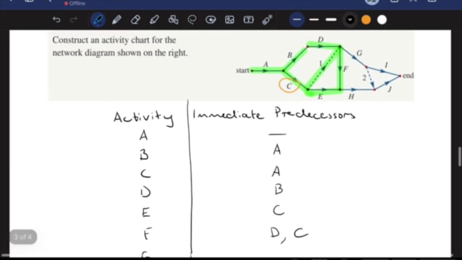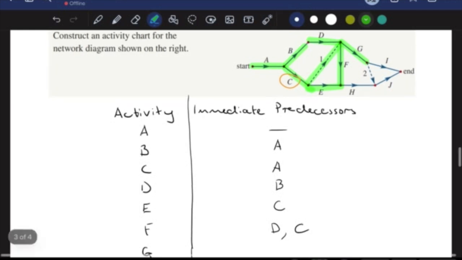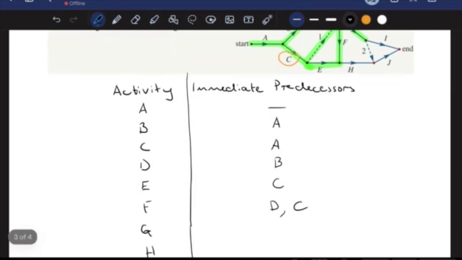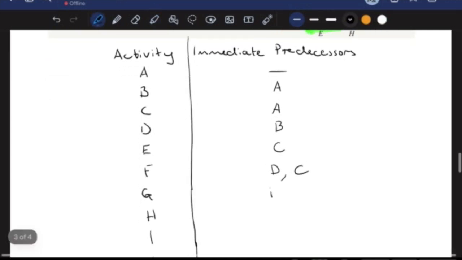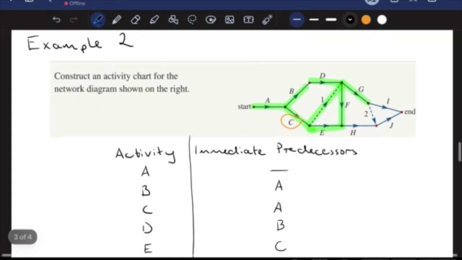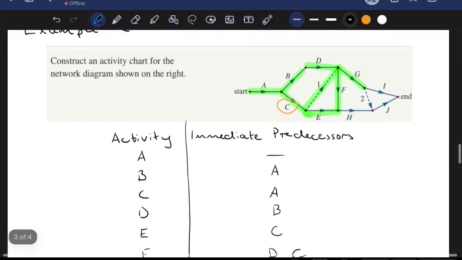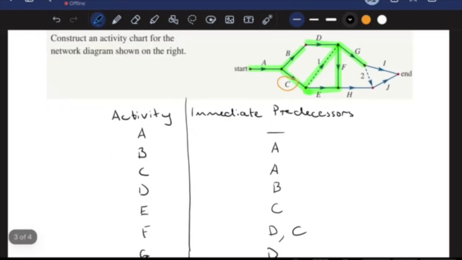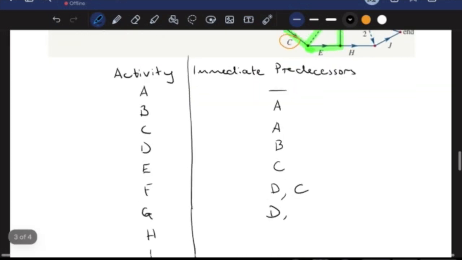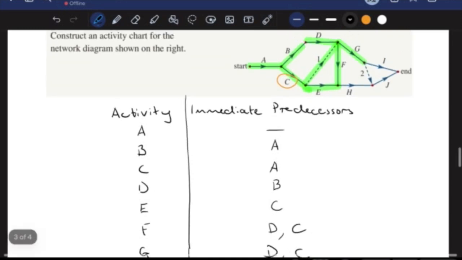If we look at G now, we'll notice that it goes out from the vertex that also connects the dummy activity. So I have D as an immediate predecessor, we can see that, but because it comes after that vertex connected to the dummy activity, this dotted line on our network diagram, C will also be an immediate predecessor to this.